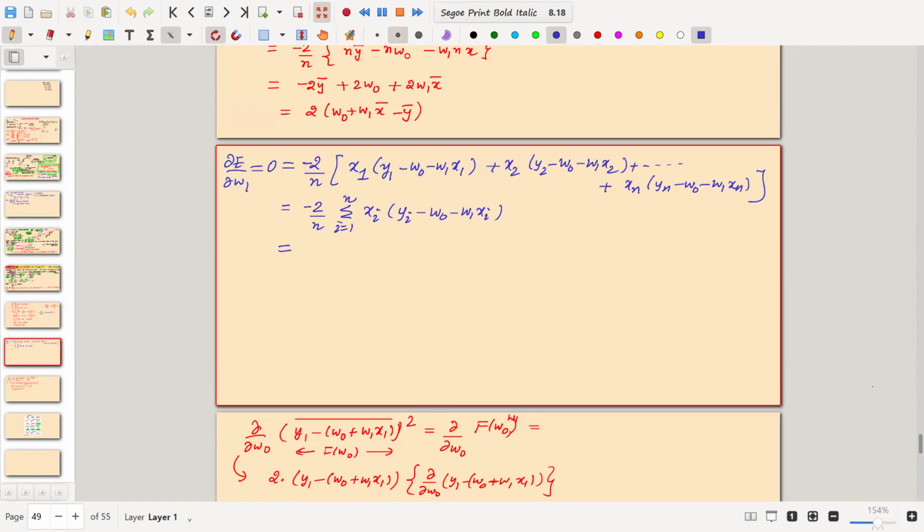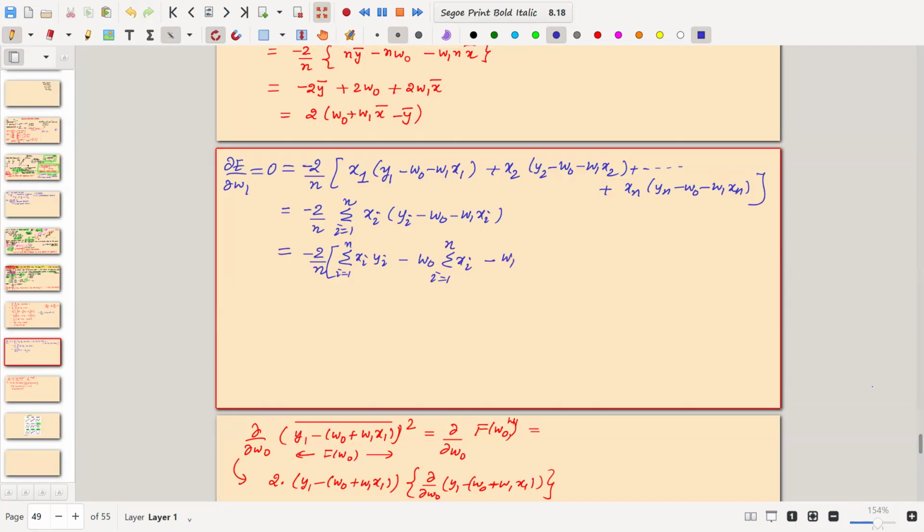What are you getting? So you will get something like minus 2 by n, bigger bracket, summation i equal to 1 to n of xi yi, the product of xi and yi, minus w naught, you take it out, summation of xi, right? Then minus w1, take it out, summation of xi squared.